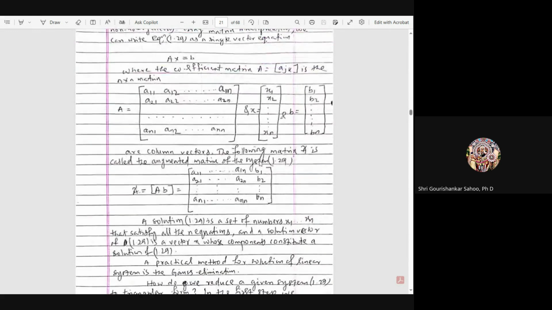So you have to eliminate some of the positions in the matrix A by rearranging the columns or with simple arithmetic, as I have discussed earlier. So the augmented matrix of the equation is a11 so on and so forth a1n, b1, a21 so on and so forth a2n, b2, an1 so on and so forth ann, bn.